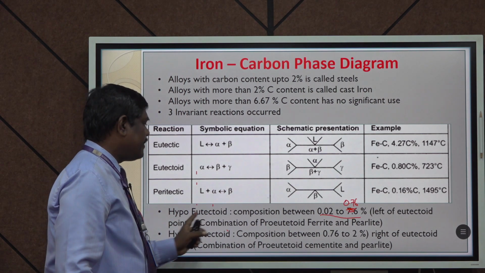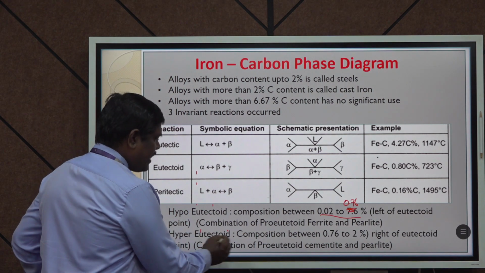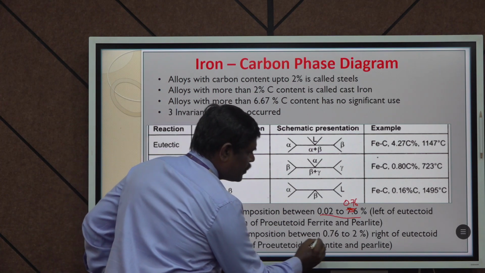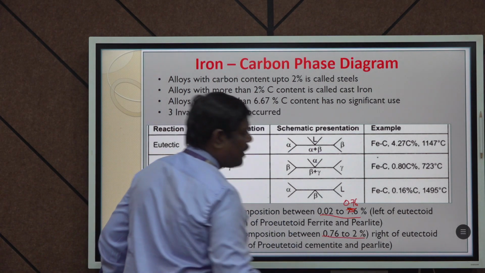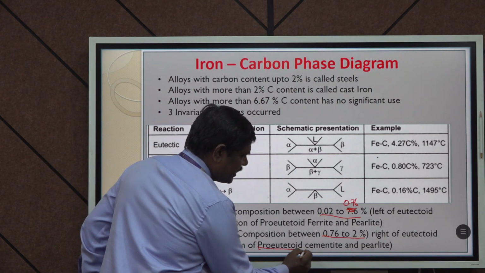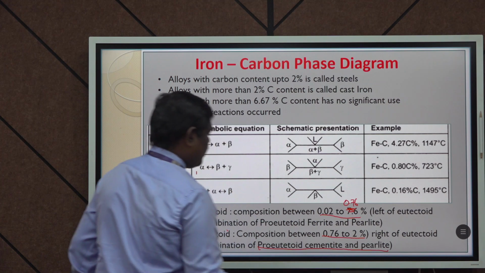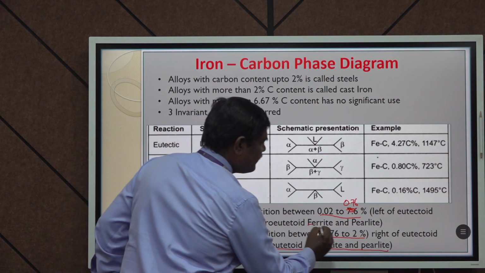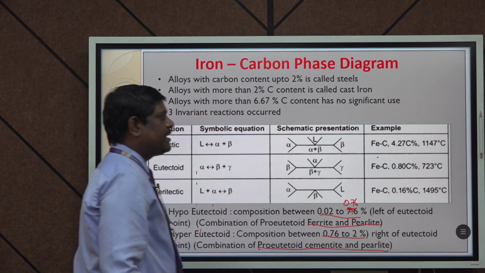Similarly, hypereutectoid means the composition is between 0.76 and 2 percentage. Here pro-eutectoid cementite and pearlite are formed. Here we have ferrite and pearlite composition.